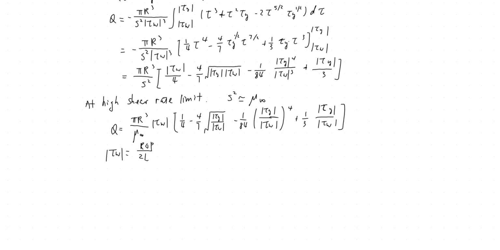So you substitute that in, and you get Q equal to pi R cubed mu infinite R delta P over 2L, and then you have those terms. Just copy them again.